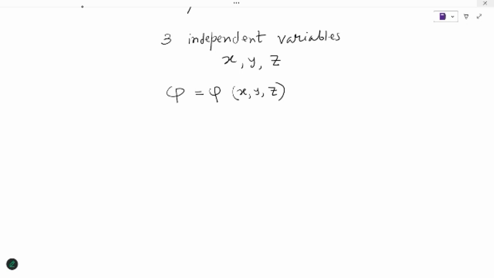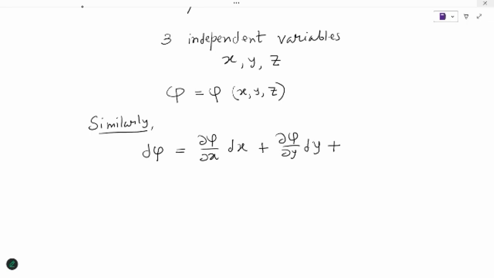In similar fashion, d phi would be like this: del phi del x dx plus del phi del y dy plus del phi del z dz.